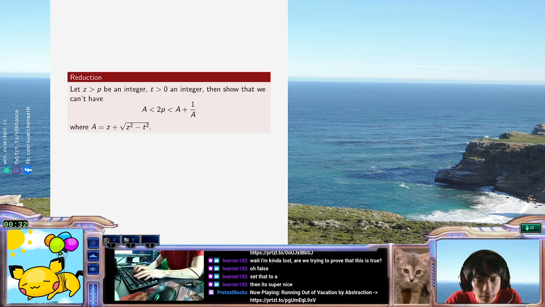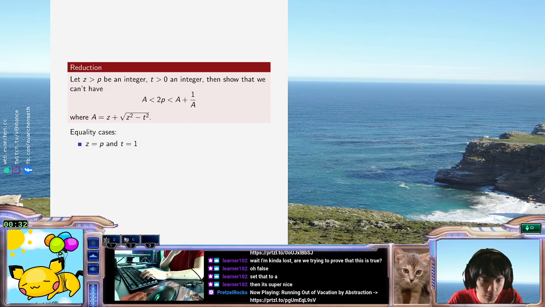So we know there's a case where z equals what? P and t equals 1, was it? Then this is true. It's supposed to be true exactly.